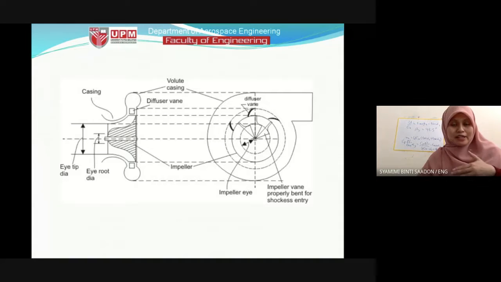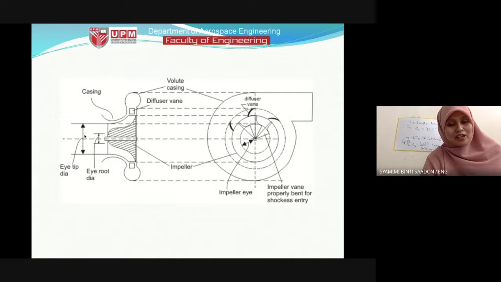That's why you have to understand how the fluid flows entering the compressor or the turbine. For centrifugal, the fluid will enter this way and come out this way. This is the side view or the front view. The fluid will enter at the center here and come out radially, in the radial plane.